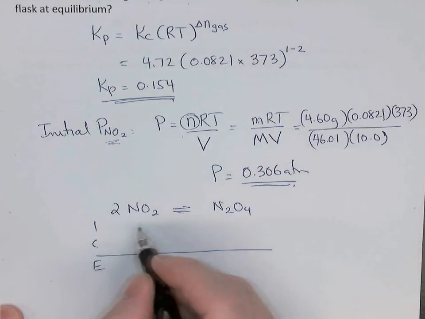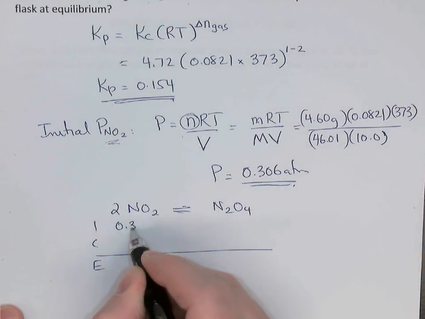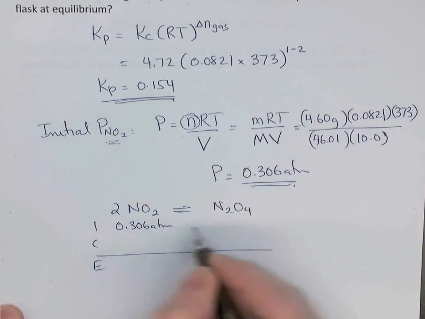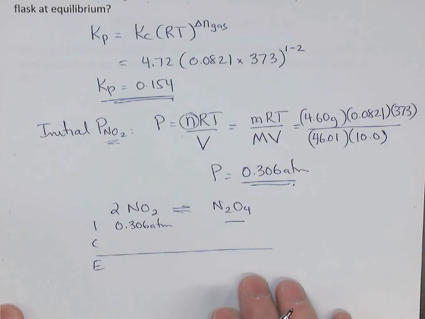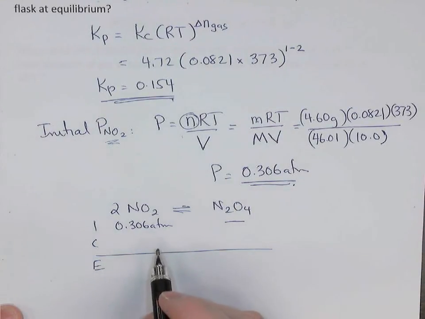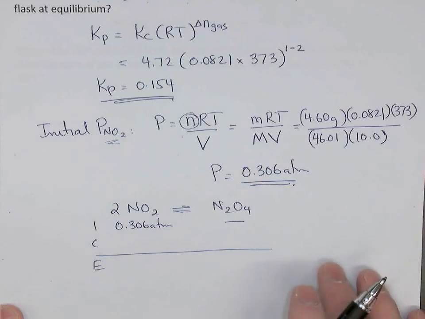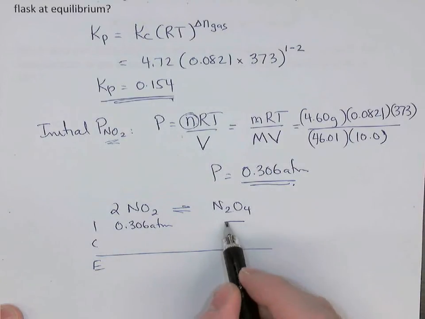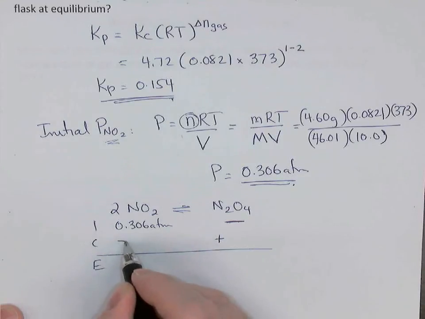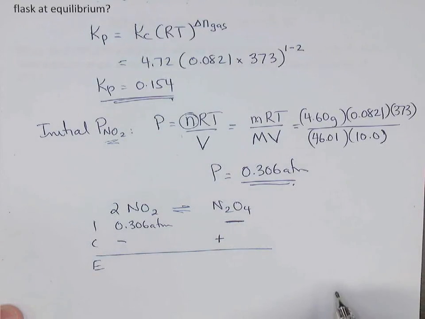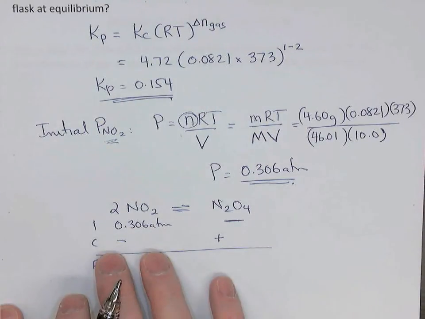The initial pressure of NO2 we just found was 0.306 atmospheres, and there was no N2O4 in the vessel. We don't know anything else at equilibrium, so now that's a signal to use algebra. Fill in the table with algebra. The N2O4 is starting with 0, so it has to increase, and then this has to decrease. Again, that's not always going to be the case that the right increases and the left decreases.